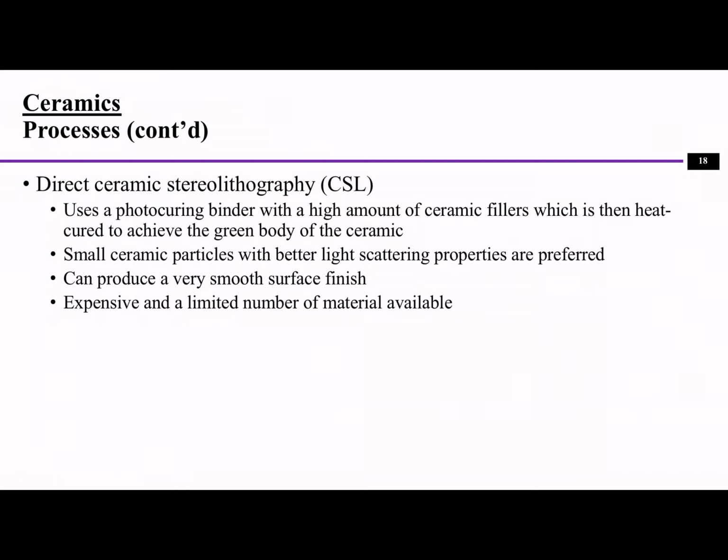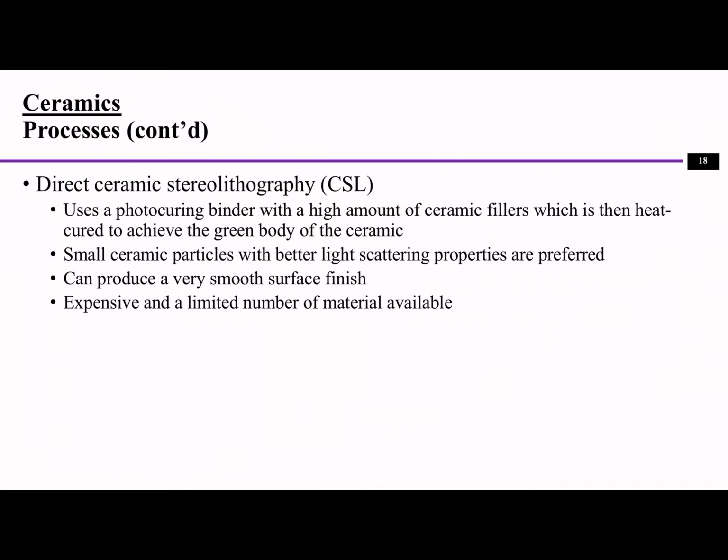Another process for 3D printing ceramic parts is direct ceramic stereolithography. It is similar to the metal stereolithography process, and also the same with polymers. When we have the resin, we use the laser to cure the resin to create the green body.